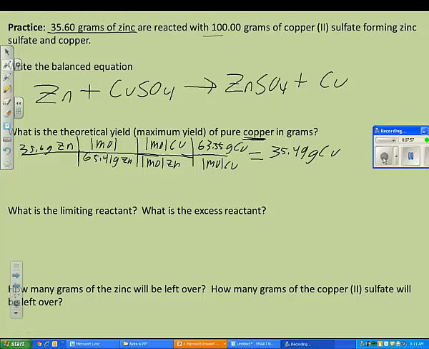We got 2 givens, so we got to go with 100 grams of copper 2 sulfate and find grams of pure copper. So convert to moles using molar mass. Mole ratio is 1 for everything in this problem.